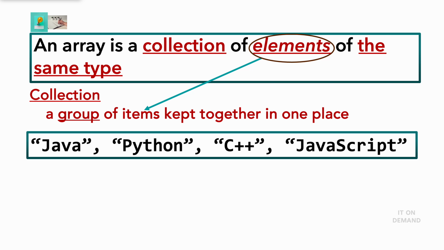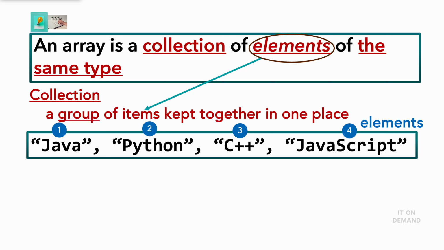And so when we think of items here in this array, we are thinking of Java, Python, C++, JavaScript. Those are the elements. Those are the items. And so you think of how many items do we have? We have 4 of them. And all of these are called elements. So we have 4 elements in this collection, in this group of items.